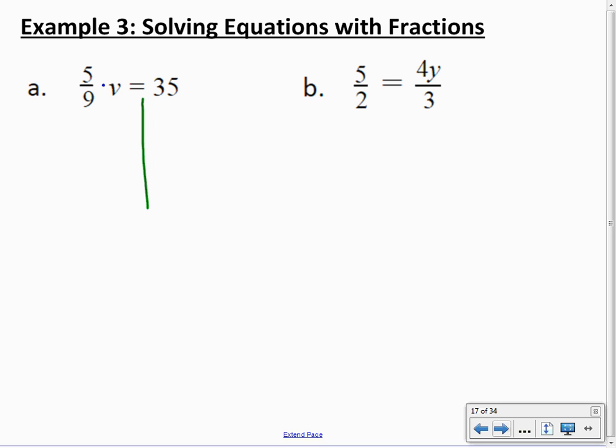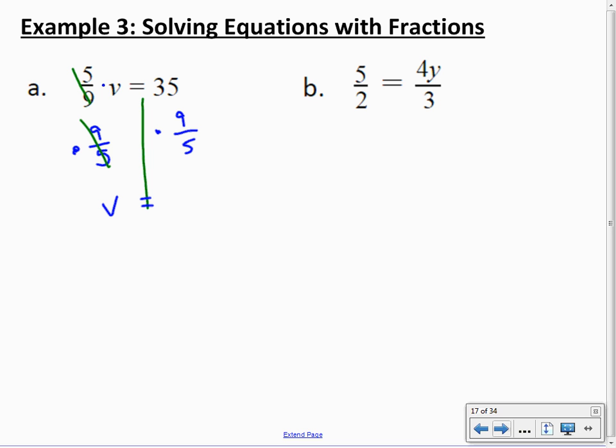Well, I could divide by 5/9, but what's going to be easier is multiplying by the reciprocal of 5/9, which would be 9/5. So really, what we're going to do here is multiply each side by 9/5. The 5/9 and the 9/5 will cancel, leaving us with just v on the left side.